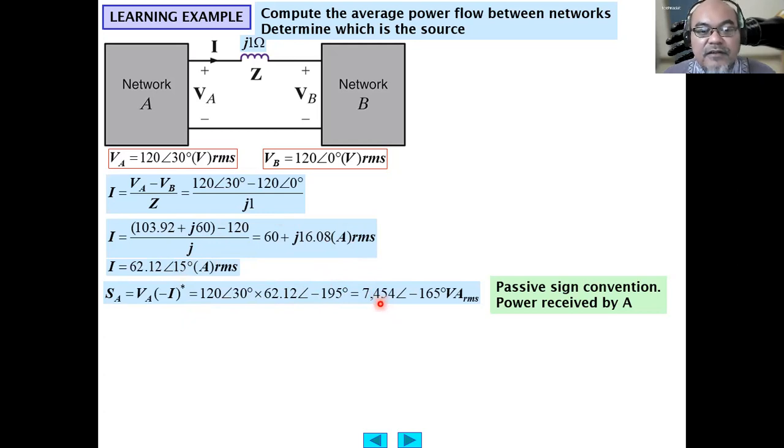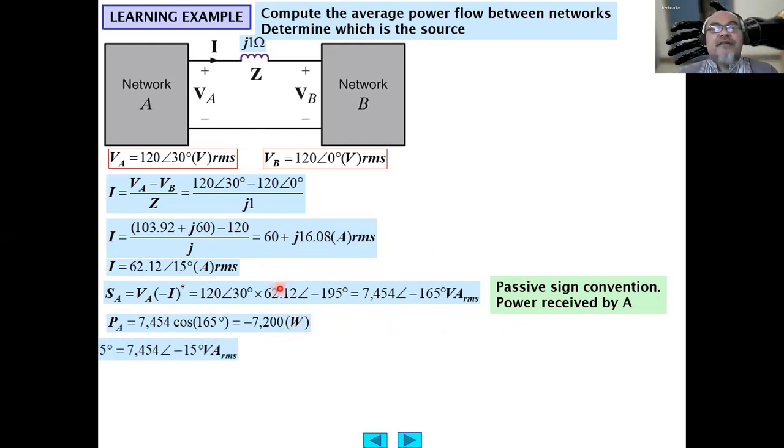So this equals 7,454 with a phase angle of minus 195 degrees. Since the value here is negative, by passive sign convention it means network A receives power. The power at A is 7,454 cosine 165 degrees. Cosine 165 degrees is a negative value, so minus 7,200 watts.